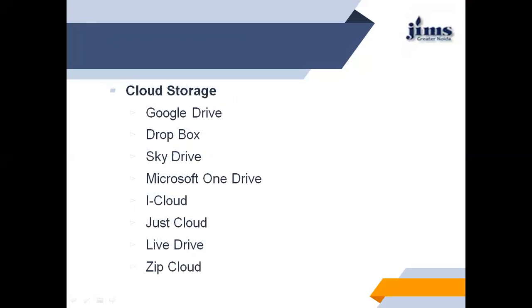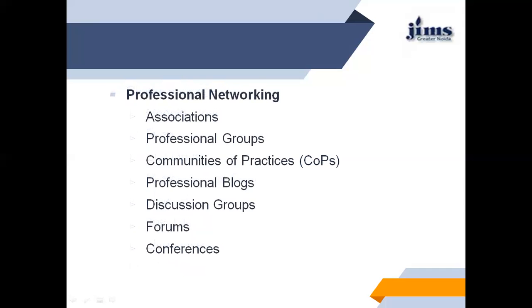Cloud storage: Google Drive, SkyDrive, iCloud, Just Cloud, Live Drive, Zip Cloud, and so on. In professional networking: associations, professional groups, communities of practice, professional blogs, discussion groups, forums, conferences, and so on.